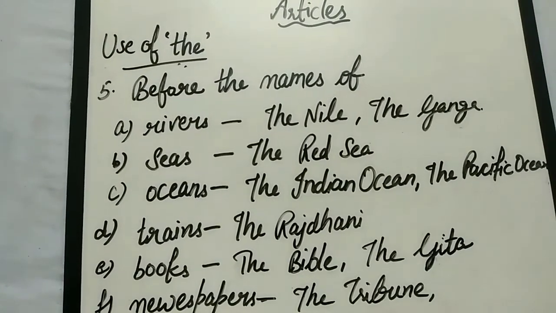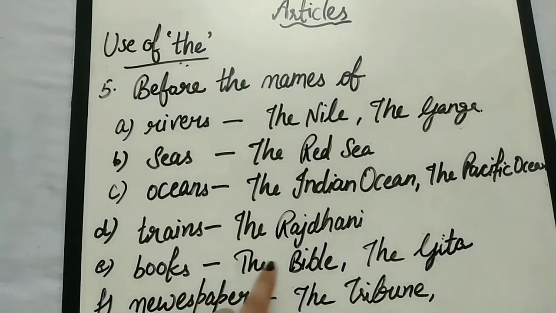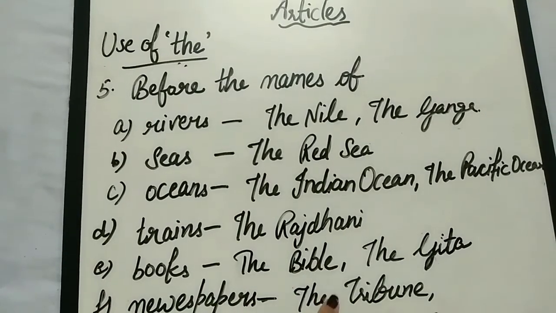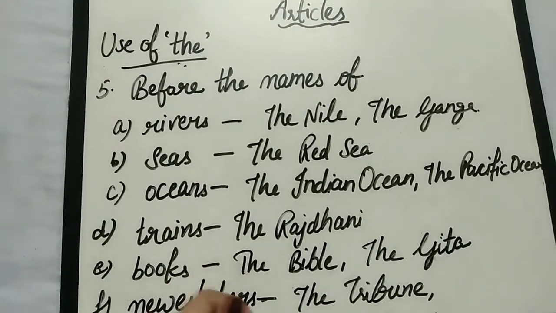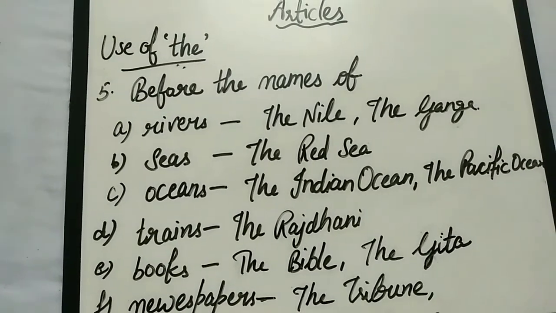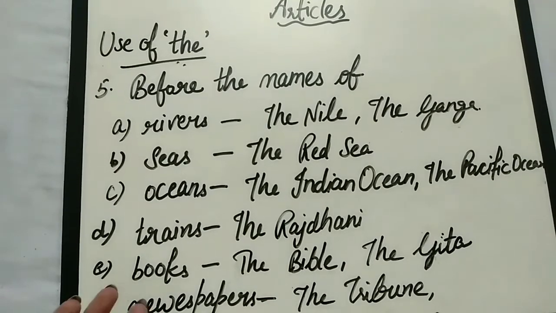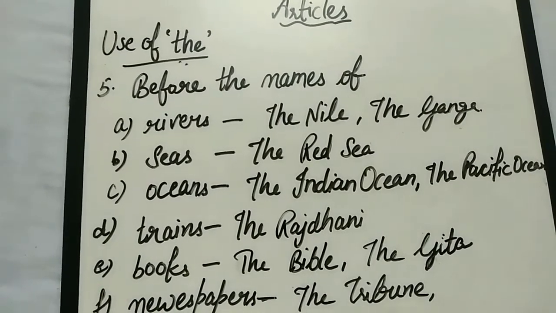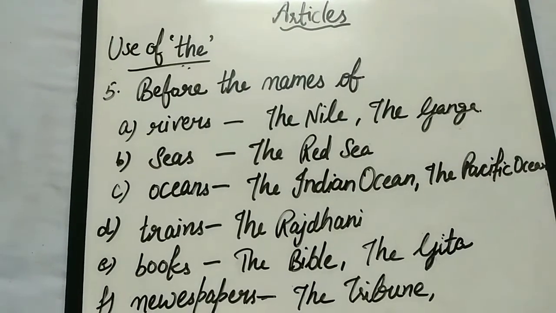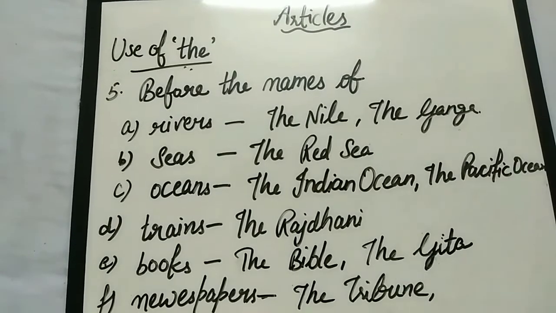And before the names of books which are holy and sacred in their own right, and those are the Bible, the Gita; newspapers like the Tribune, the Hindustan Times; monuments like the Taj, the Red Fort; and deserts like the Sahara Desert, the Thar Desert; and mountain ranges like the Himalayas, the Alps.